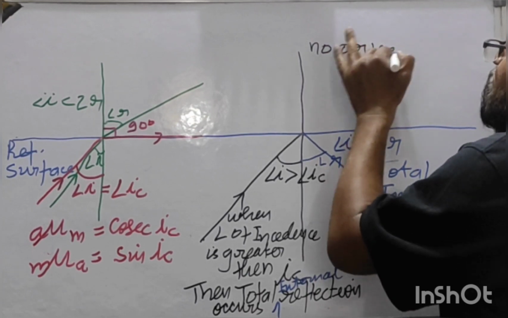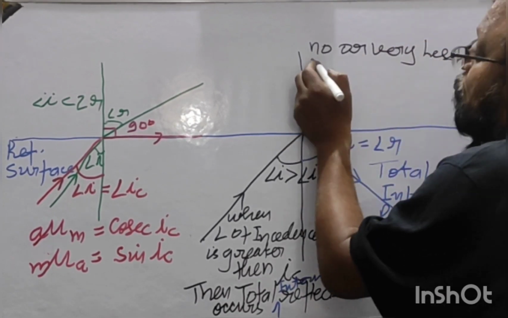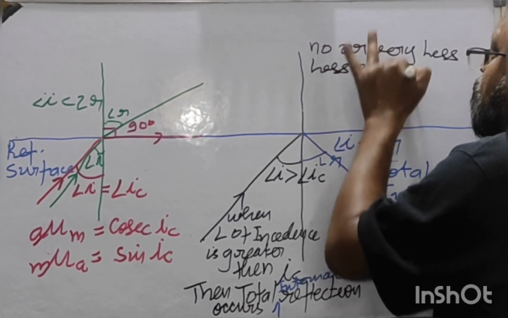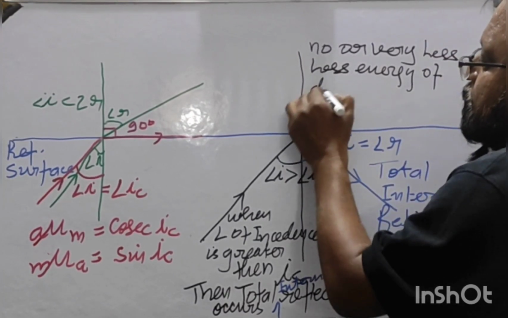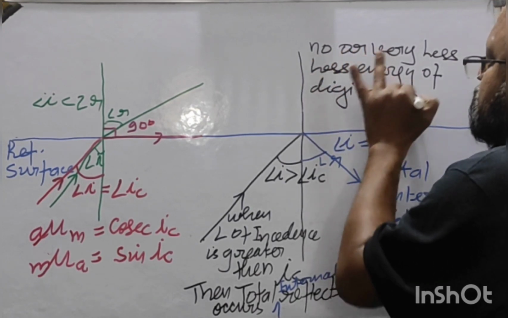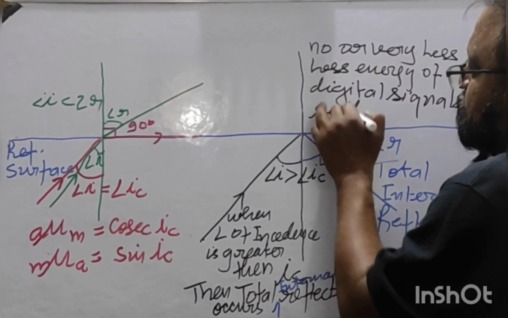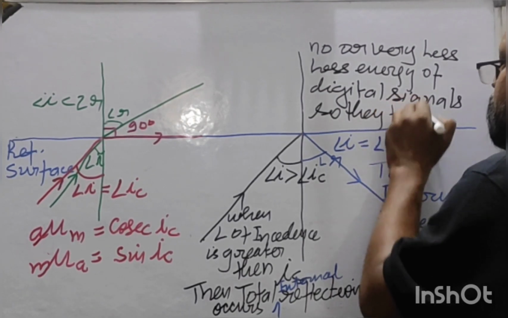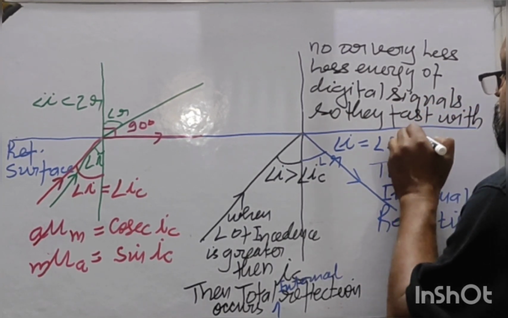Nothing is 100% in this world. So there is no or very less loss of energy of digital signals, so they move fast with the same intensity, right?